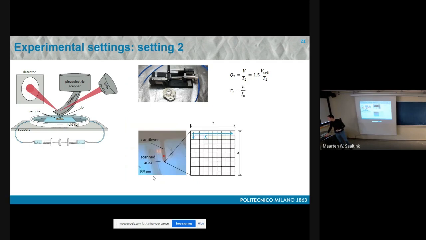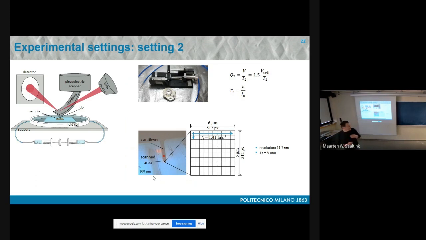So in this case, we simply have a syringe pump, and we fill the flow cell, and then we let the fluid static until a first scan of the system is completed, and it takes approximately 6 minutes, at least with the current apparatus that we have, to scan the system. After 6 minutes, you replace completely the 2 milliliters of water. So it is as if you were using an intermittent flow rate, which is evaluated like this.